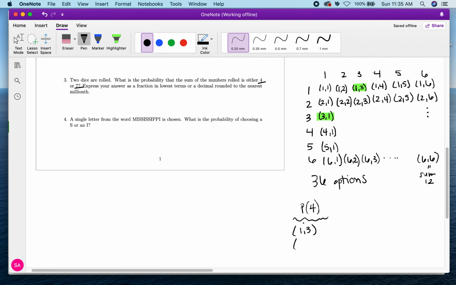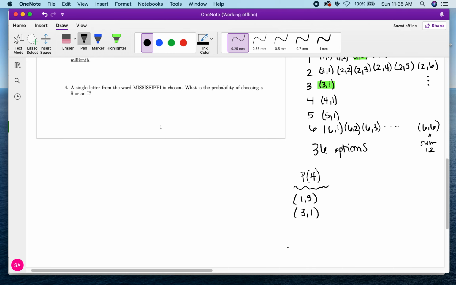You could roll a 1 on the first die and a 3 on the second die, or a 3 on the first die and a 1 on the second die. There is a difference between these two pairs, because the first number represents one die and the second number represents the other. So we can roll a 1 and a 3 or a 3 and a 1. That adds up to 4.